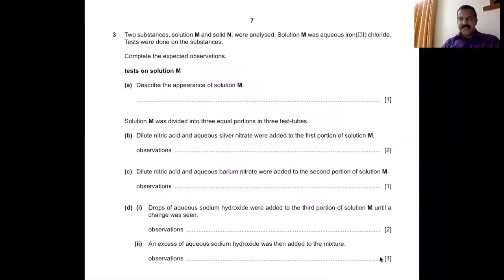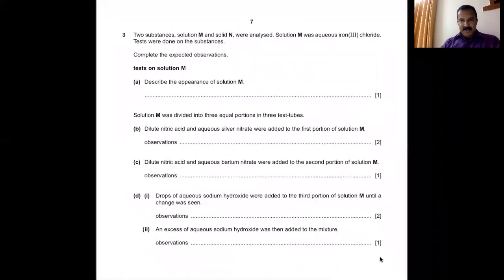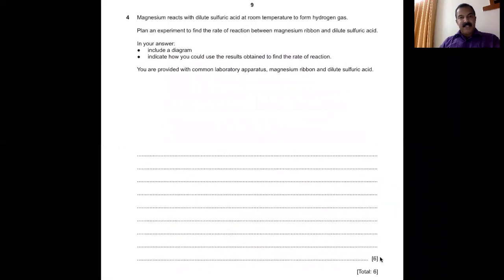Qualitative analysis means the identification of the ions, anions and cations, based on solutions and experiments. Basically for the cations, we use 2 solutions, sodium hydroxide and ammonium hydroxide. More details later. We are focusing on the planning experiment today.